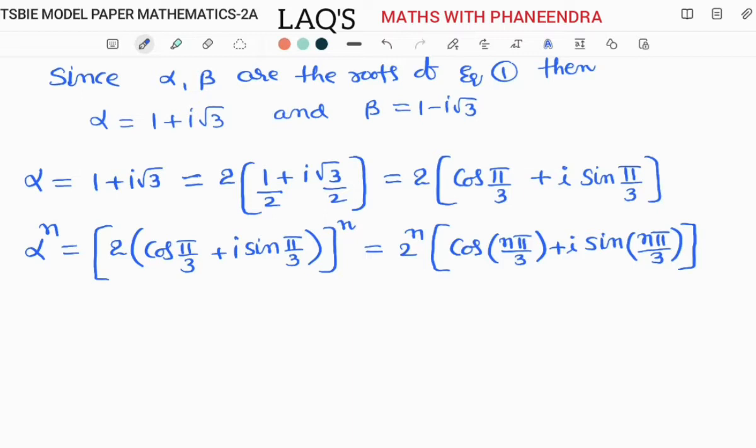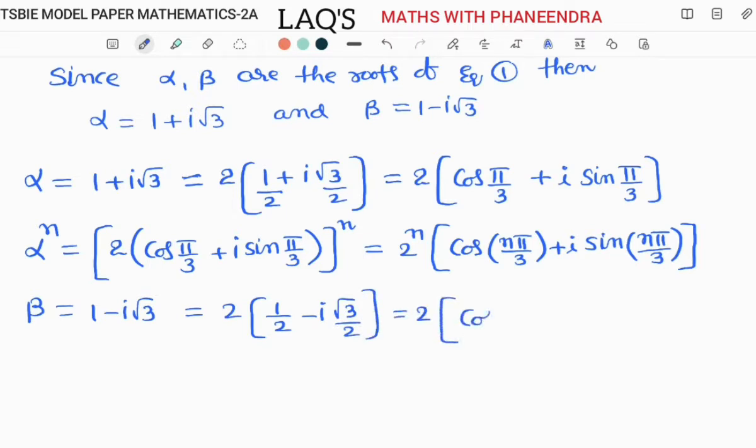Similarly, beta also consider same. 1 minus i root 3, that is equal to 2 into 1 by 2 minus i root 3 by 2. So 1 by 2 can be written as cos pi by 3 minus i into sin pi by 3.